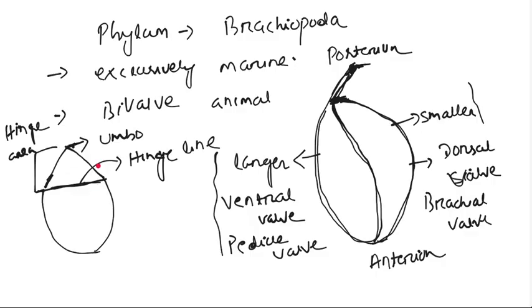These are the general morphology of a brachiopoda, the valves and other things. Both the valves join on the posterior side at the hinge line.